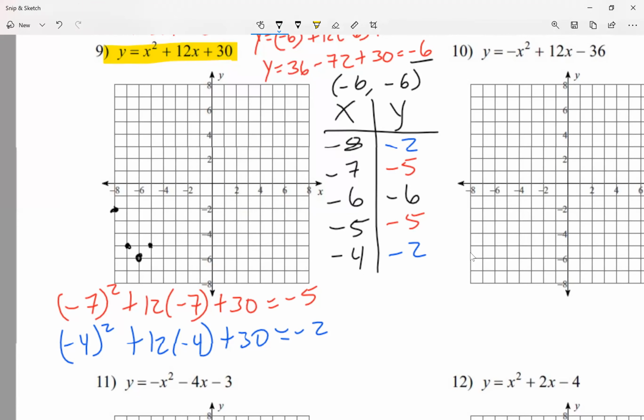And then I have the point -4, -2. All right. Now you guys have a very good idea how this is going to look. Remember how a few minutes ago I said I expect this to open up because my A value is positive? And look, it does open up.